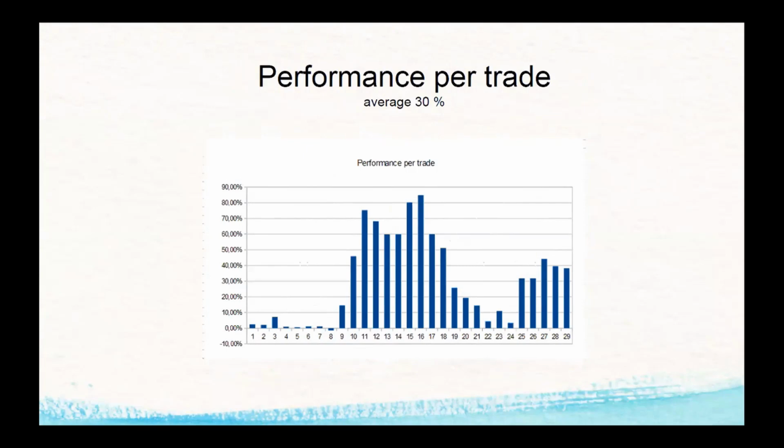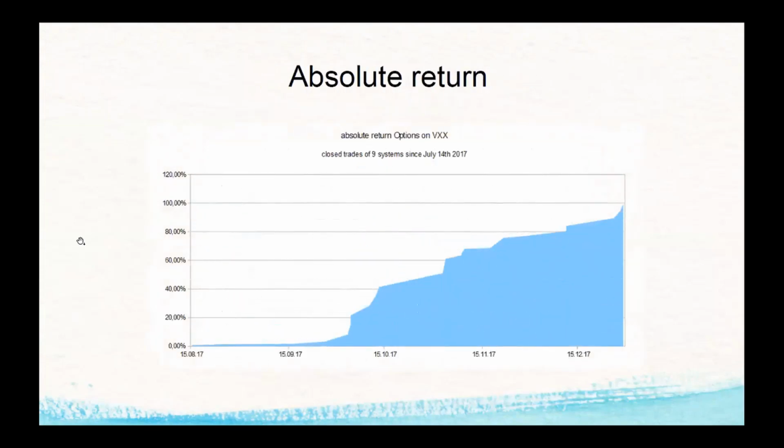And of course, the performance is better the longer the trade is running, but the longer the trade, you have fewer trades a year. And this is how it happened. The absolute return, all the closed trades from July the 14th. And you see the first trade closed on 15th of August.